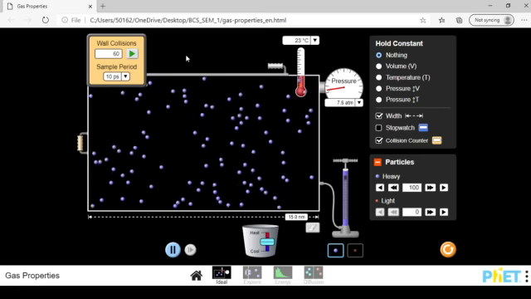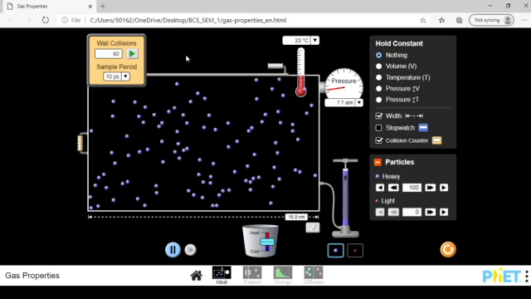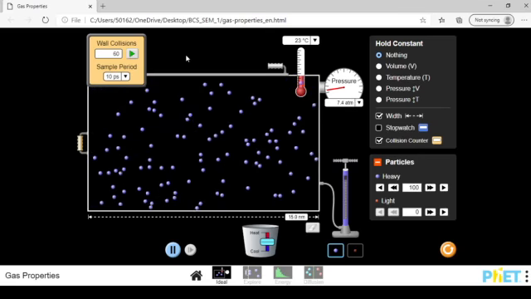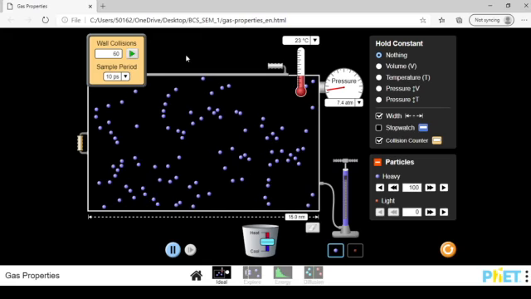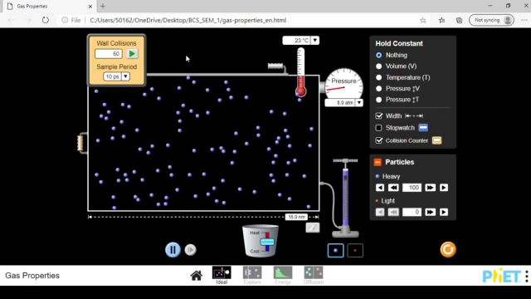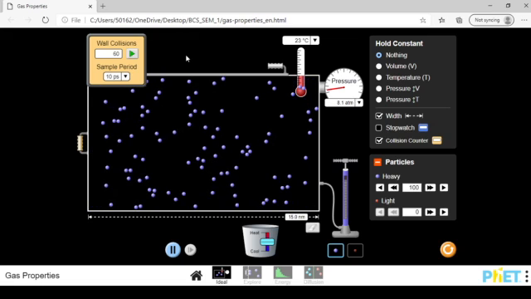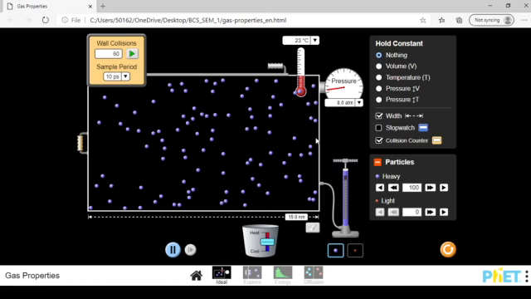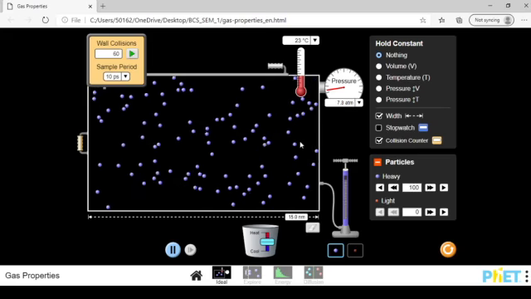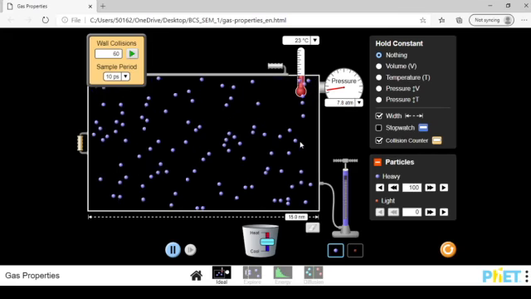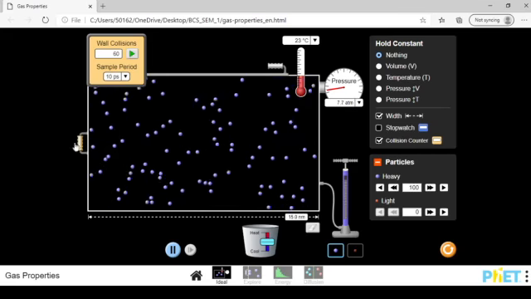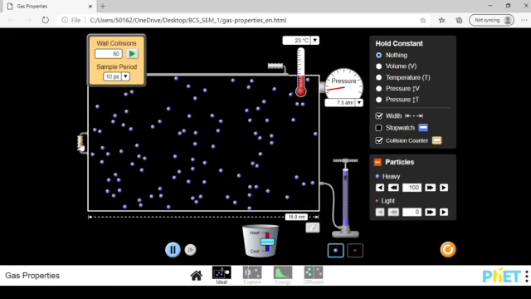That when we increase the volume of the container, the pressure decreases, and so the particles will be hitting the walls of the container less often, or they will be hitting each other less often too.